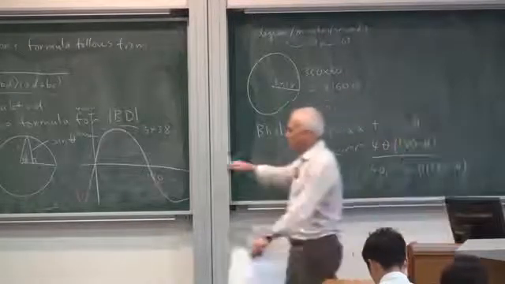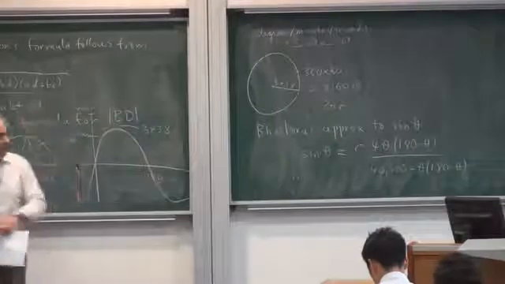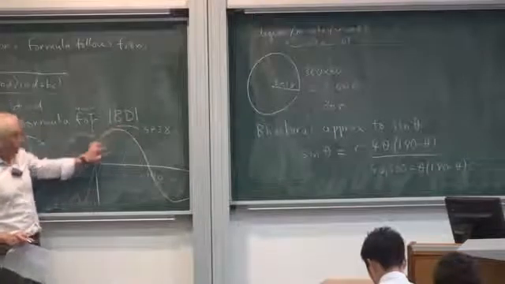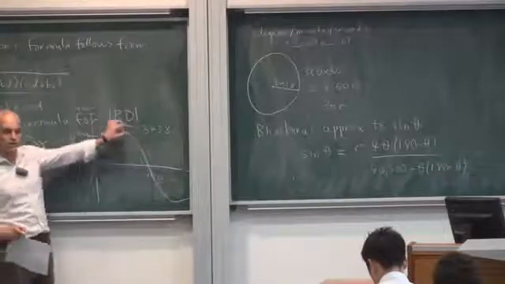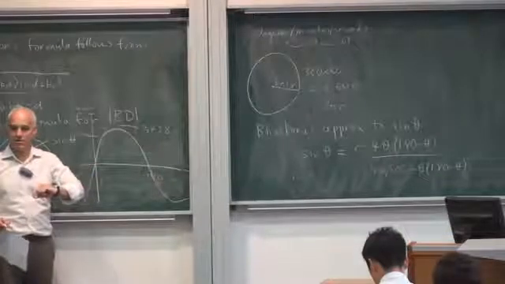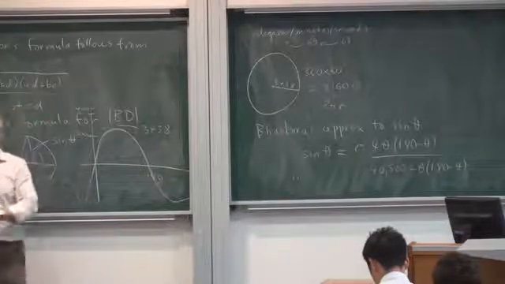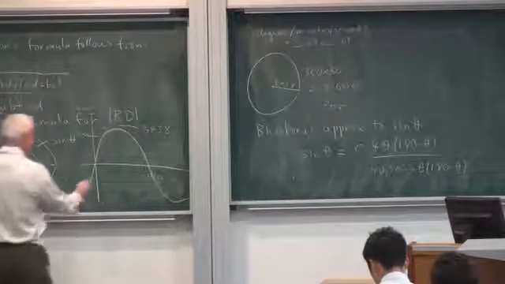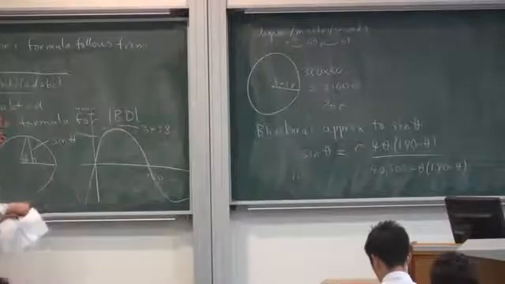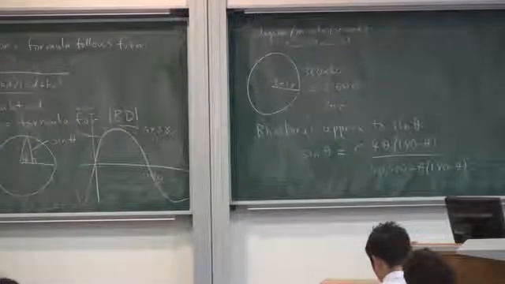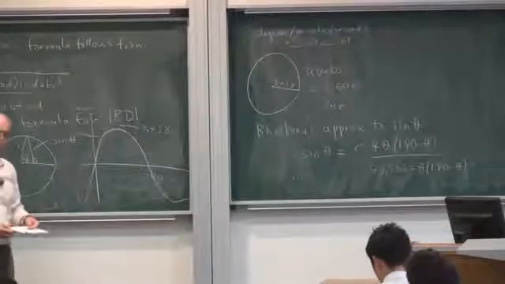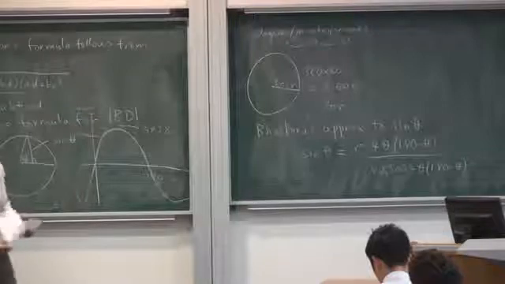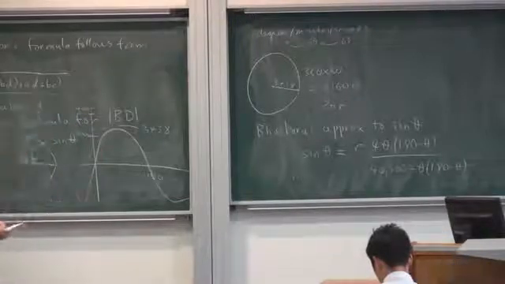And this is a remarkably good approximation. In the units where this height is 3,400, the worst difference is 6. So 6 out of 3,000 is not too bad at all. That's the worst discrepancy between the real function and its approximation. If you didn't have a table of sines around, and they didn't have calculators, of course, you could use this as an approximation.